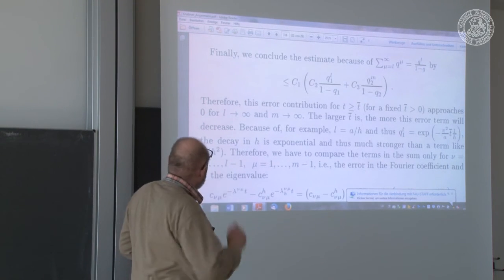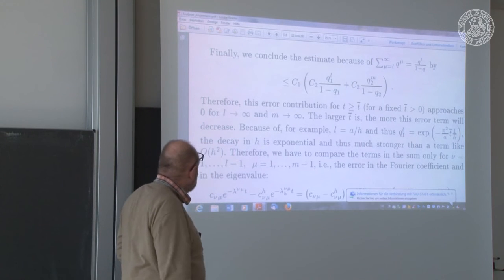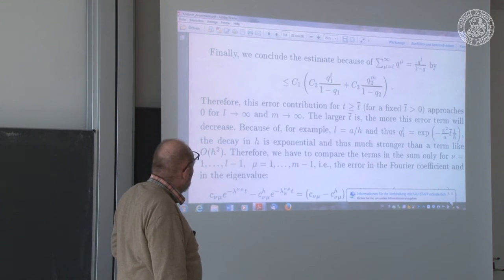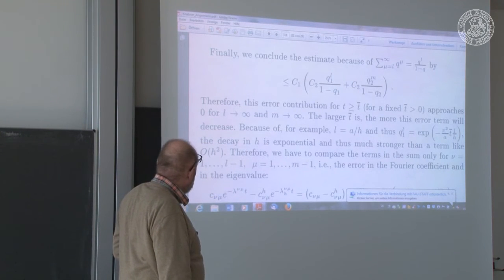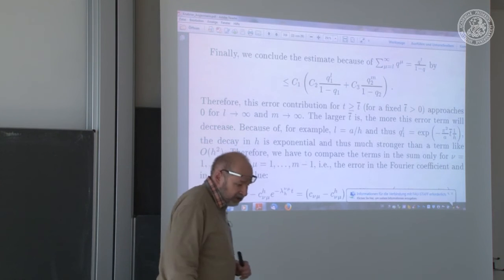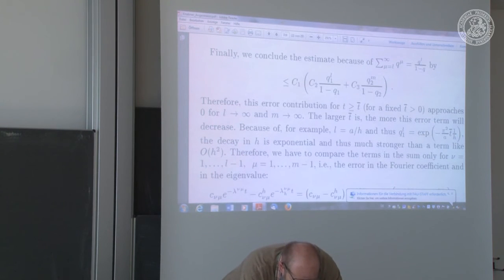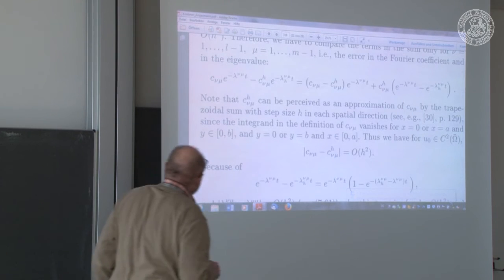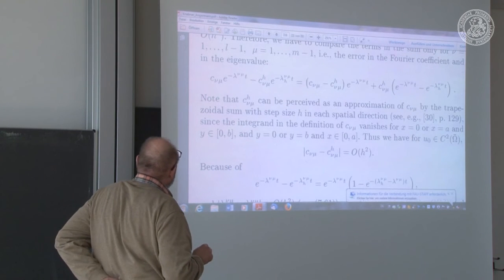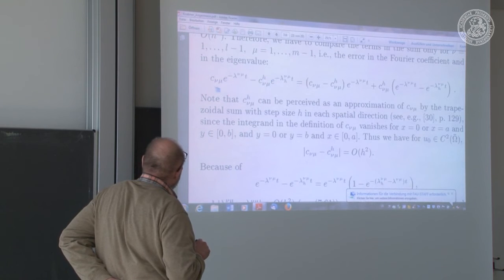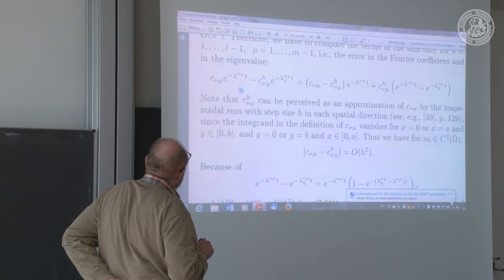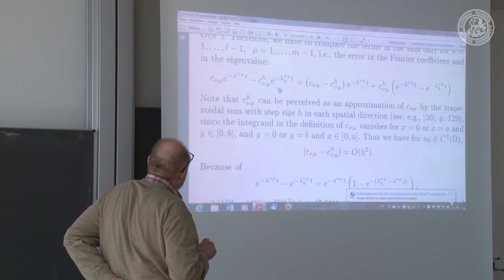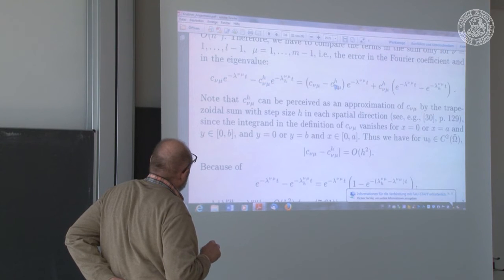So the only thing which I still have to see is the corresponding convergence of the remaining terms, of the lower frequency terms. So I have to deal with a deviation between the Fourier coefficients, here with h, here without h, and the eigenvalues, here with h, here without h. So I get a mixed term in between.